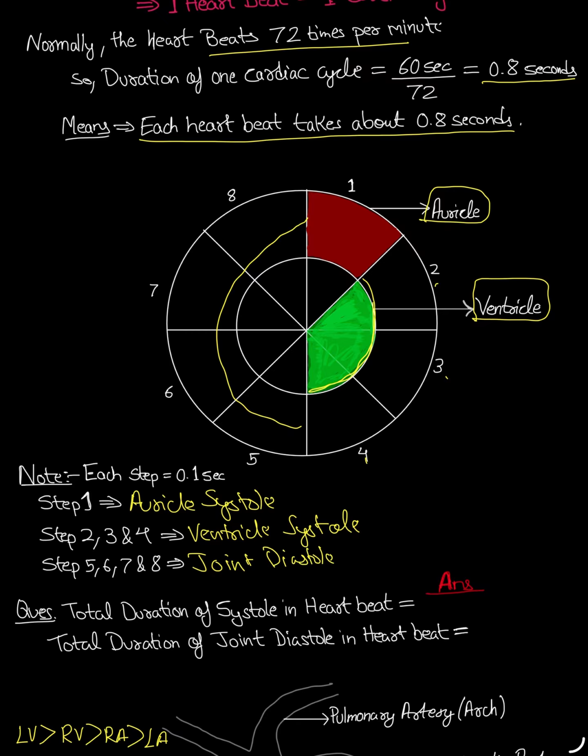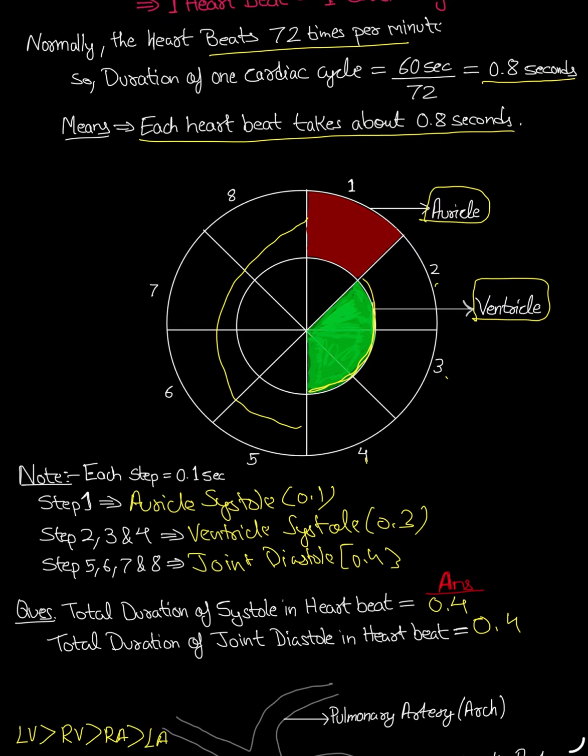So the question: total duration of systole in a heartbeat. The total duration is 0.1 here, 0.3 here, total is 0.4. And joint diastole is also 0.4. So that is the small activity I gave here.